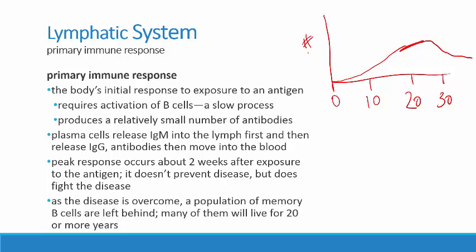This, by the way, is the number of antibodies. So it's a fairly slow process, and if we think about many diseases as having, say, a 7-day incubation process, then by day 7, we don't have very many antibodies in solution in the plasma. And so the disease can really take off.